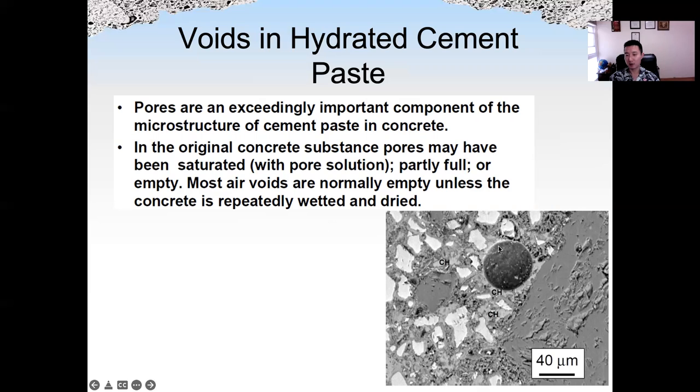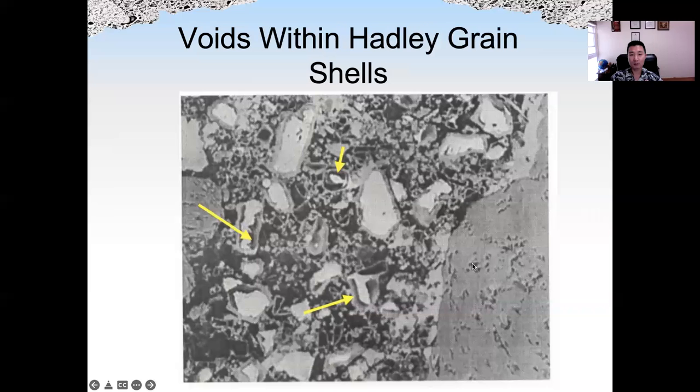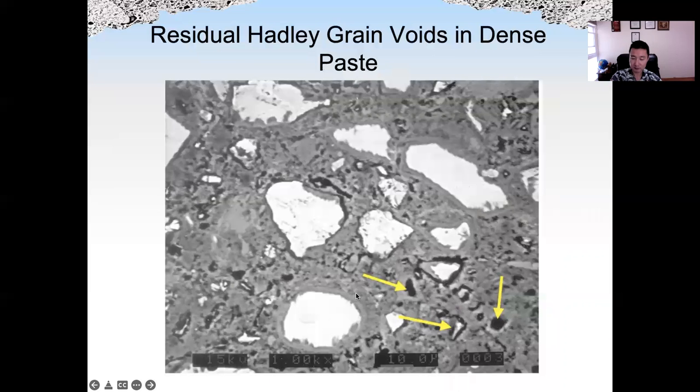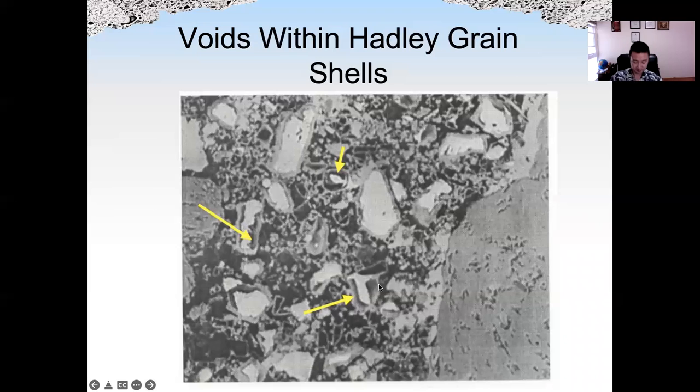Here is a picture of air voids. And here are the voids within the heavy green. This is the second type of CSH. And also here, and also here.